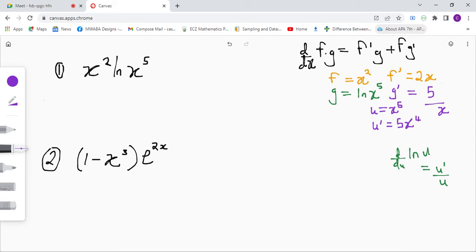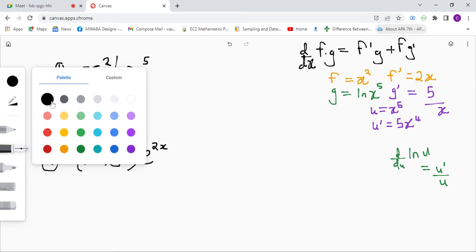So now we can put our solution together.